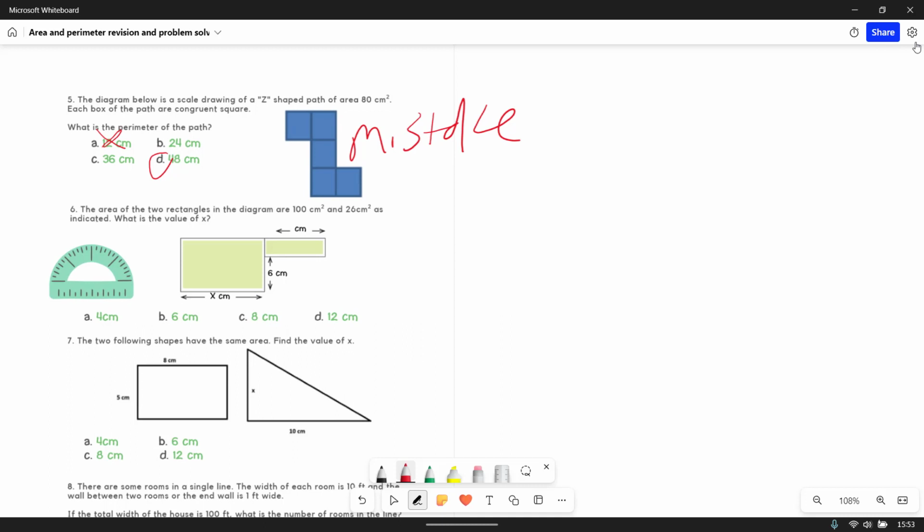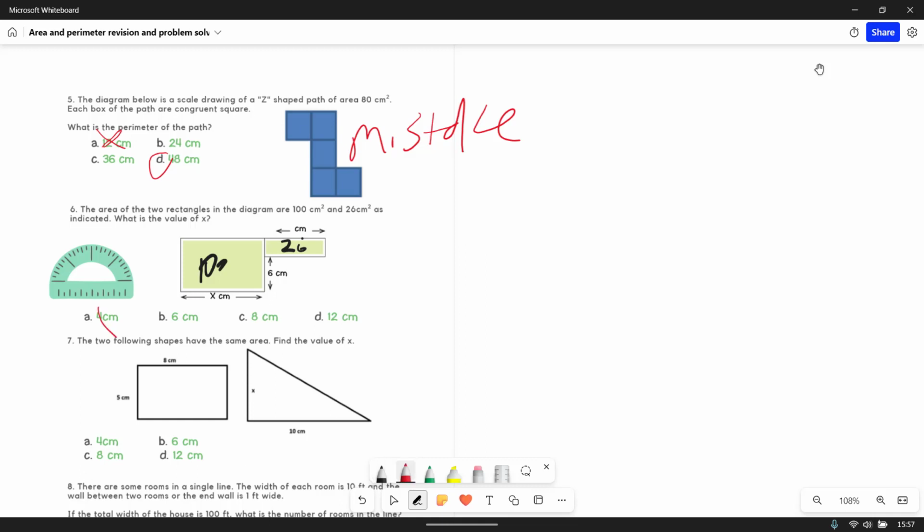The area of two rectangles in the diagram are 100 centimeters squared and 26 centimeters squared. What's the value of x? Okay, looks like there's another mistake here because we've got to make this 100. This is 26. So 6 times what gives you this, unless this bit won't be a whole number. The best way to do this is to eliminate.